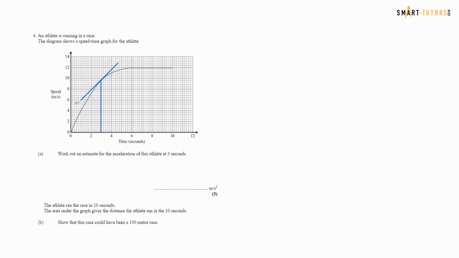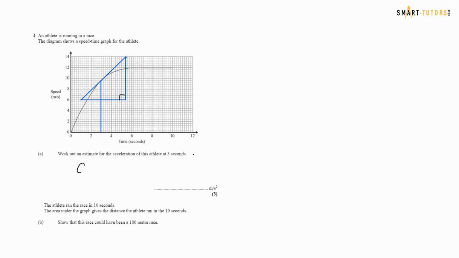So that looks like a right angle triangle, and draw the tangent. So this is the right angle triangle, and this is the gradient, so you need to calculate the rise over run.